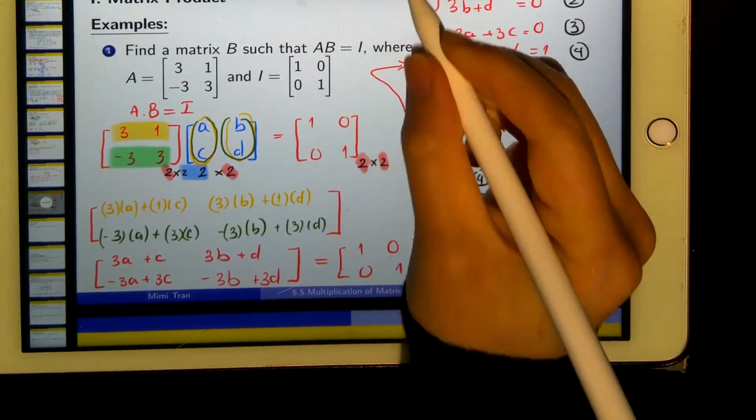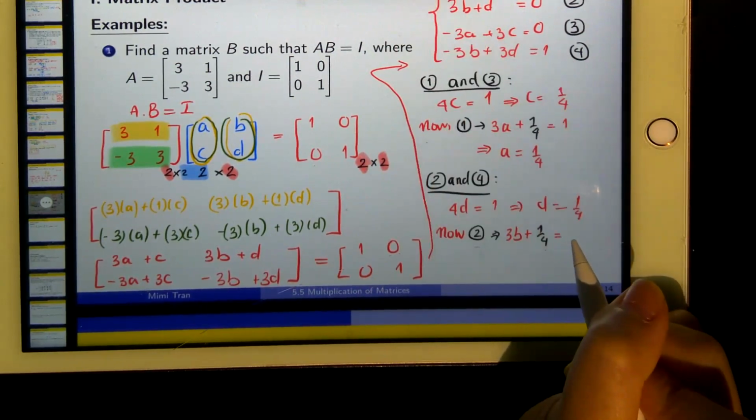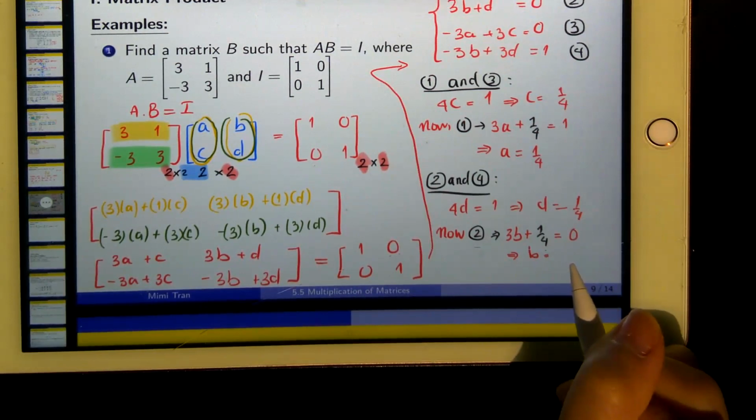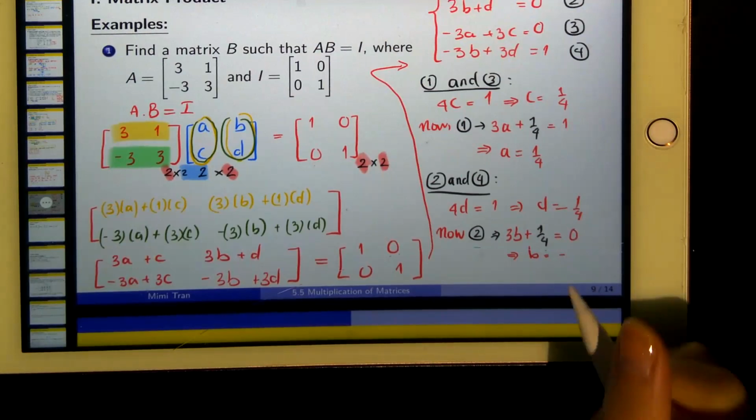Three B plus 1/4 equals 0. B equals negative 1 over 12.